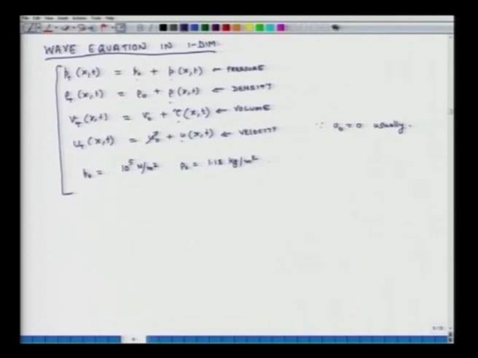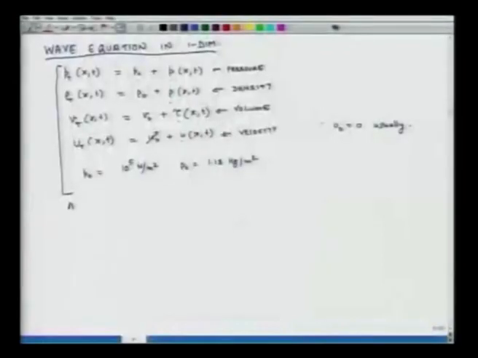So, what I am interested in knowing is how P, rho, tau, u are all interrelated, and as I am trying to develop these relationships, I will make two very important assumptions.